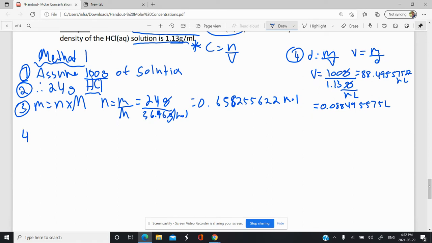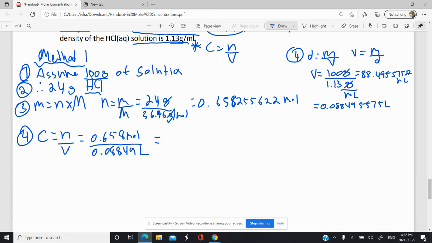Our final step is to do C is equal to n over V, which is equal to the 0.658 moles divided by 0.08849, and so on and so forth, liters. All the digits are still in my calculator.